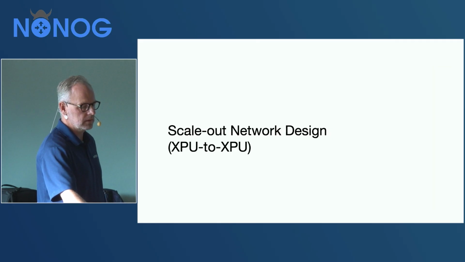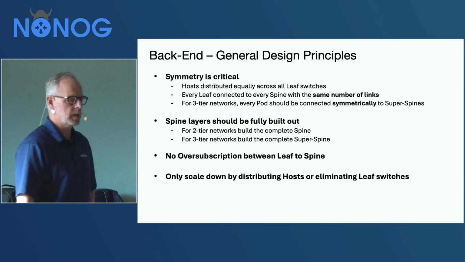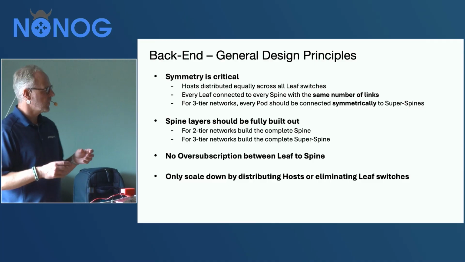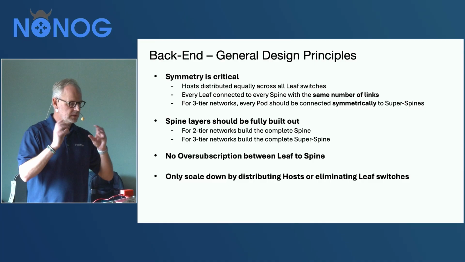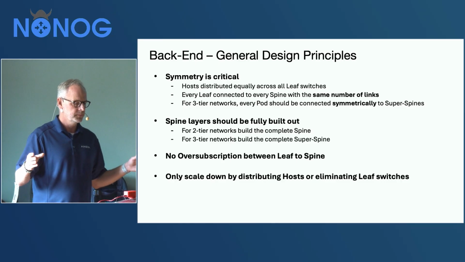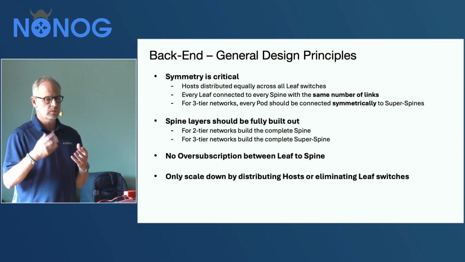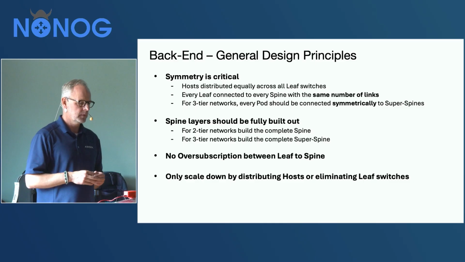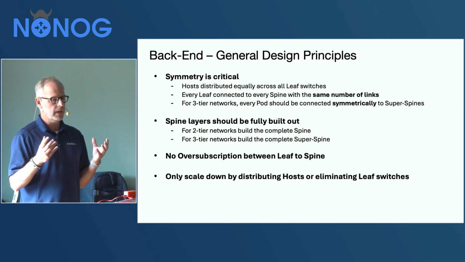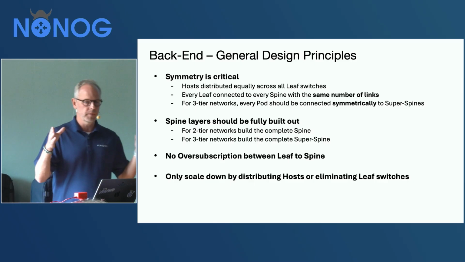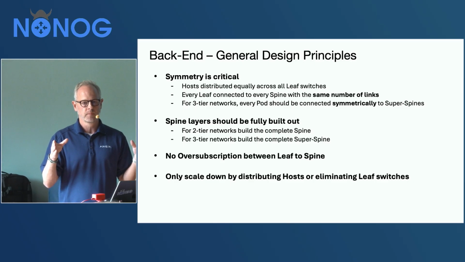So when we look at the AI backend design, there are some design principles to think of. Symmetry is critical. Hosts, which are GPUs, should be equally distributed across all leaf switches. Every leaf should connect with the same number of uplinks to the spines. When you start building an AI backend network, the spine layer should be fully built out from the start.